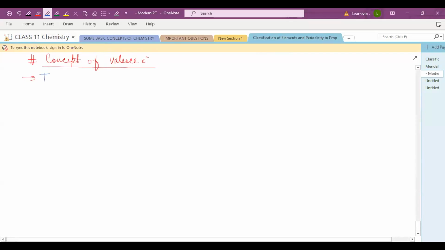So just write down: the number of electrons in the valence shell, or you can say outermost shell, or your last shell. So it is called valence electron.